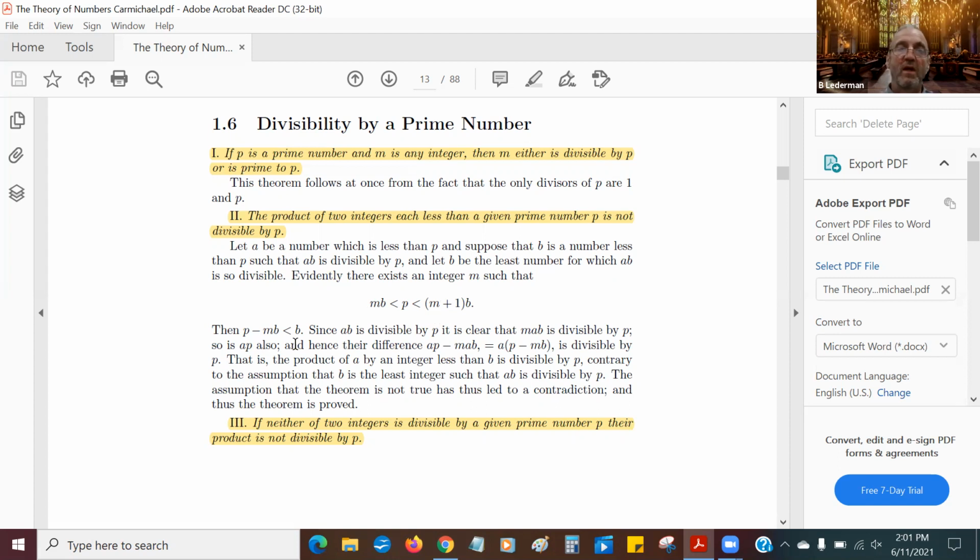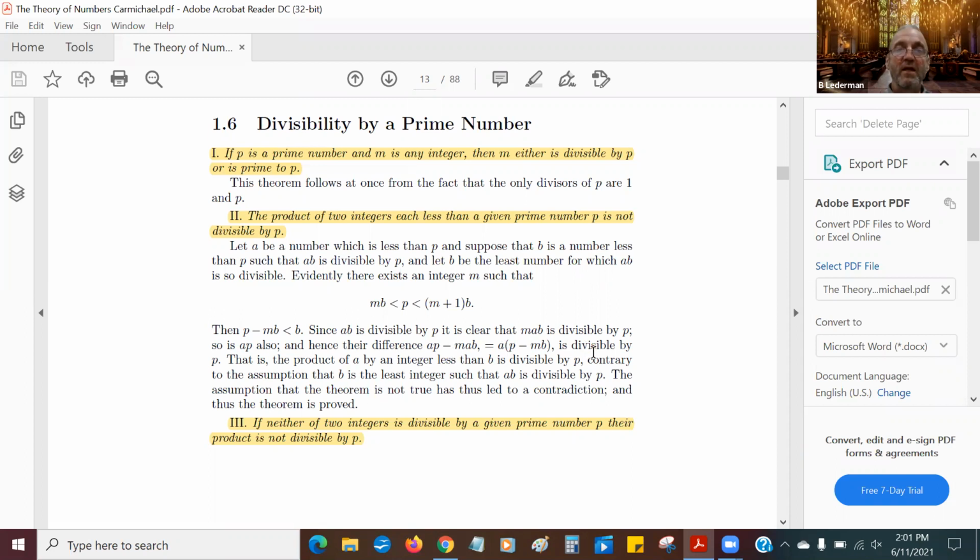Now, since ab is divisible by p, it's clear that mab is divisible by p. And ap is also divisible by p. So the difference, ap minus mab, which I can factor as a times (p minus mb), is going to be divisible by p.